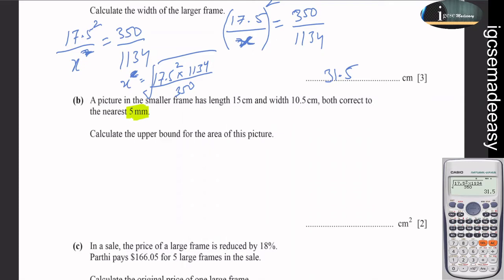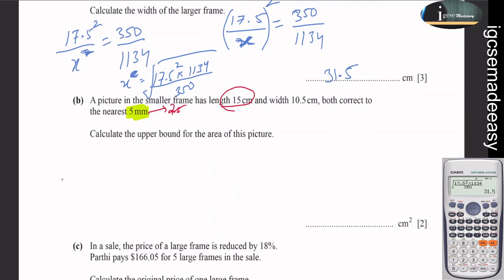Half of 5 is 2.5, right? So now what we can do, we can add 2.5 to the length and subtract 2.5 from the length.